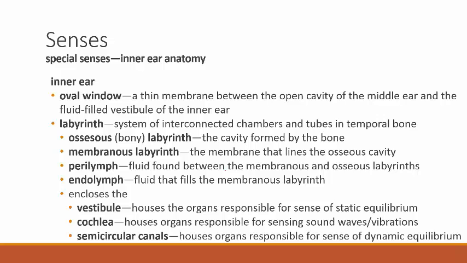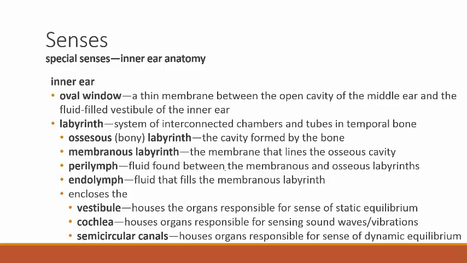The three groupings of chambers of the labyrinth are the vestibule, which houses the organs responsible for the sense of static equilibrium; the cochlea, a coiled chamber that houses the organs responsible for sensing sound, the vibrations, the pressure waves in air; and the semicircular canals, which house the organs responsible for the sense of dynamic equilibrium.